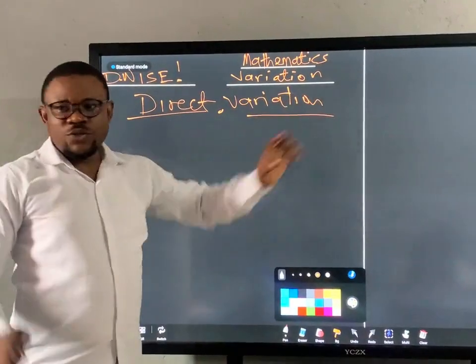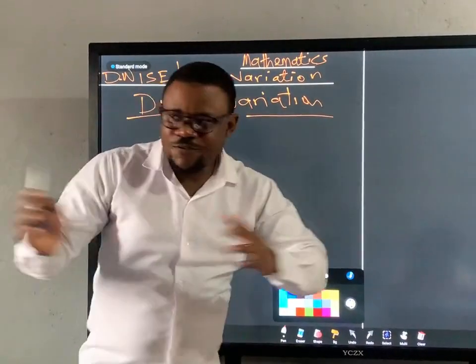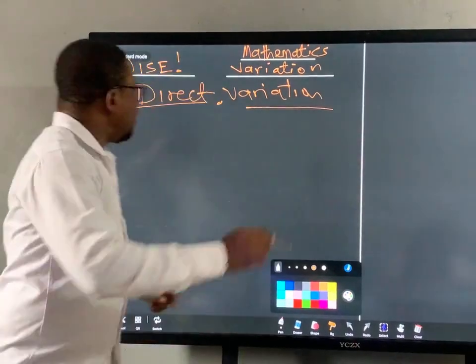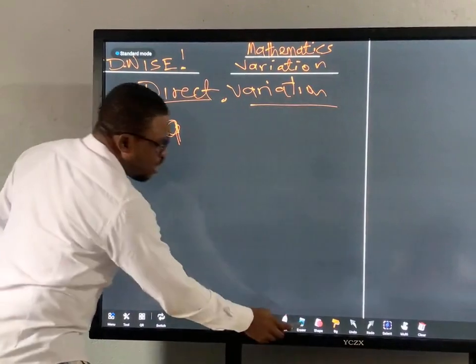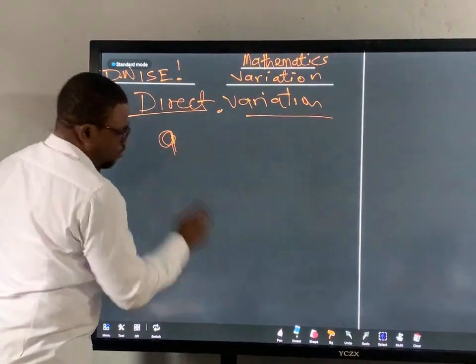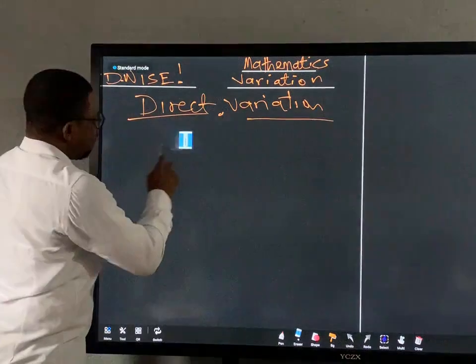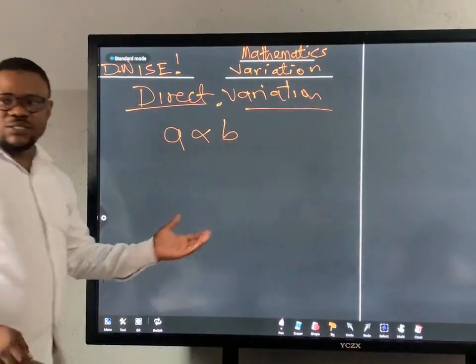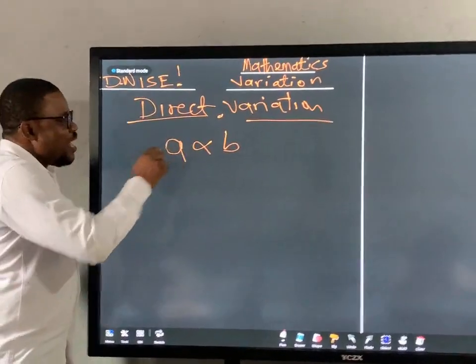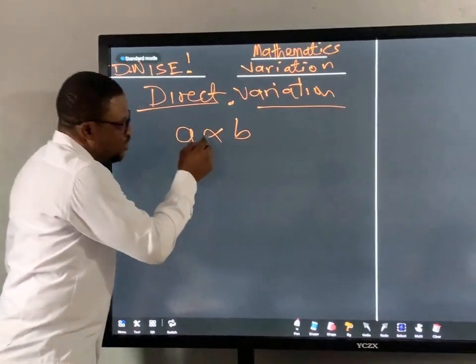In the case of variation, you're comparing different quantities. Now, if I say A is directly proportional to B, this is how we write it. This is the sign of proportionality.